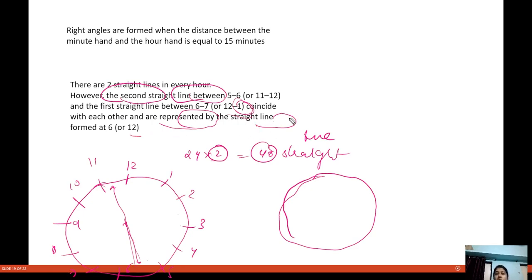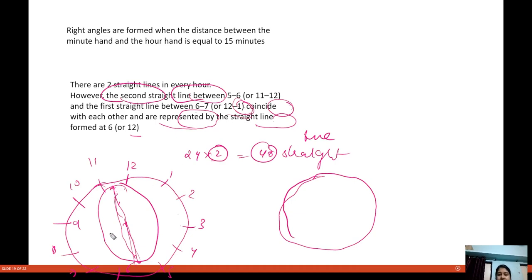Or the second straight line between 11 and 12. So between 11 and 12, first you will have a straight line like this, and then you will have a straight line like this. So see, this 11 and 12 straight line and 5 and 6 straight line are coinciding.